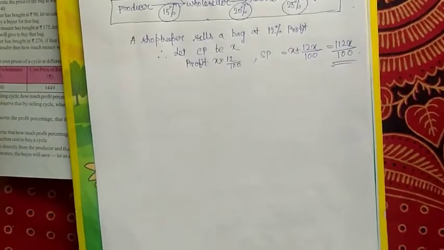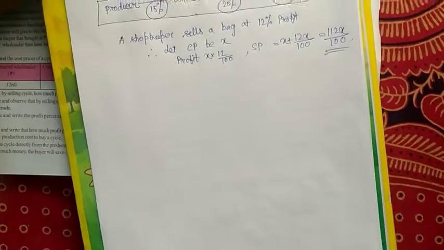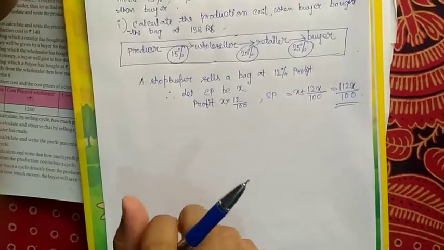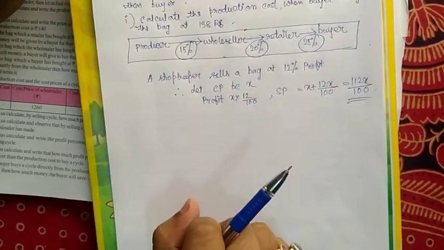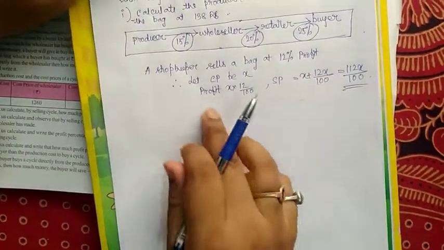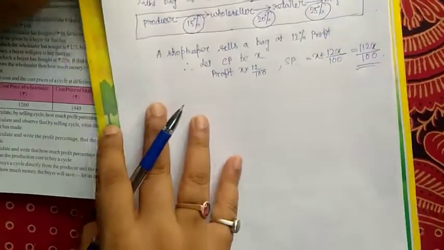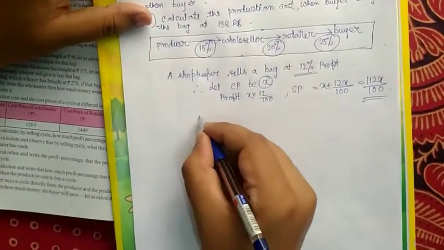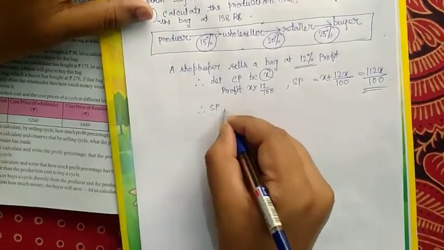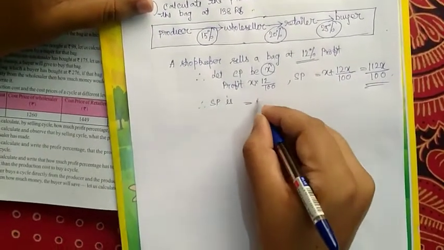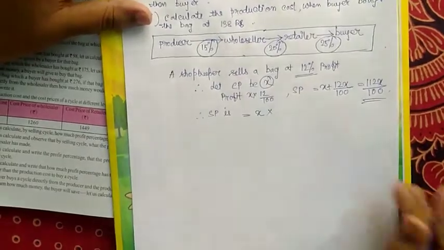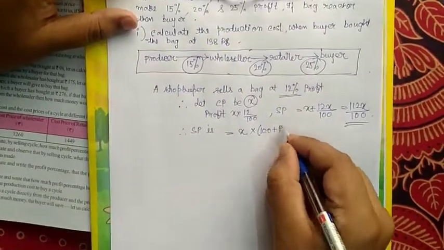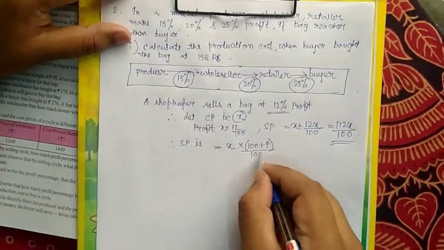Now this type of question should be in 2 marks. So what will we do? The shortcut method in these questions is, if the CP is x and profit is 12%, we can write SP is x into 100 plus profit percentage by 100.